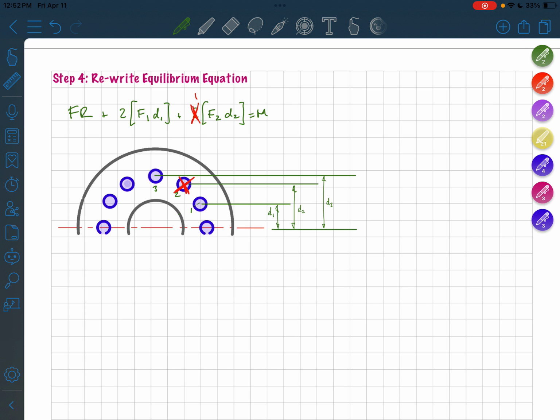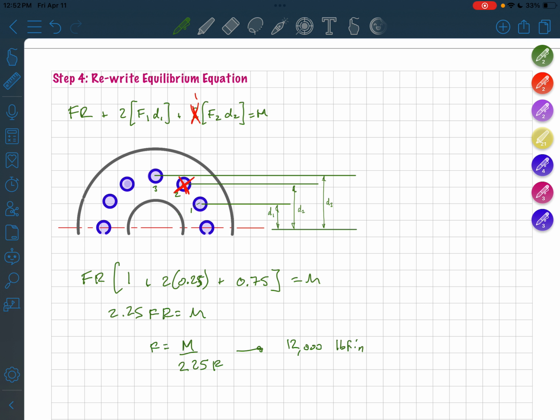Now, write the expression again. FR times 1 plus 2 times 0.25, well, plus 0.5, plus 0.75 equals M. That comes out to the following. 2.25 FR equals M, with F equals M over 2.25 R. Put some values to it, 12,000 pounds force inches over 2.25 times 4.